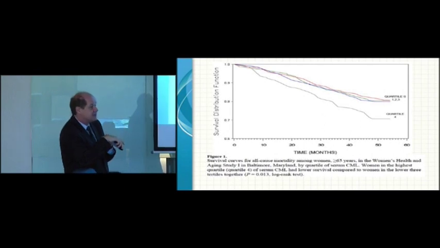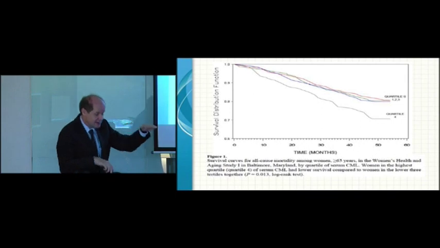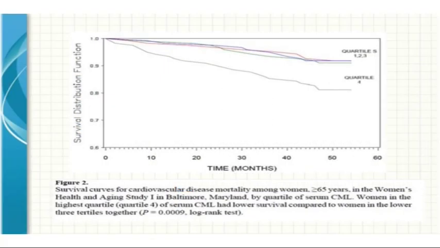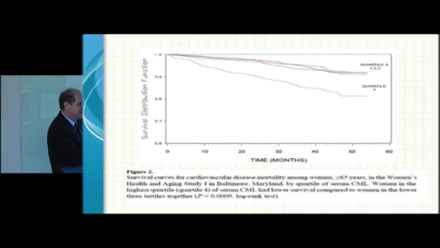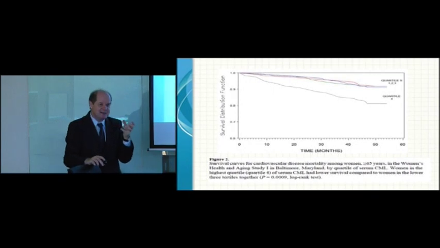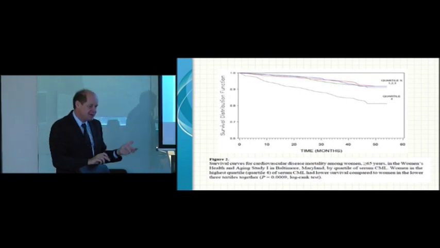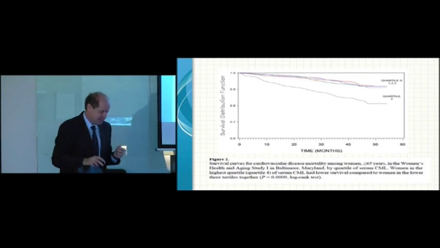They die within 5 years if they have a certain threshold of CMLs in the blood. If you look for the survival of cardiovascular disease mortality in the same cohort of women, it had been even more significant that these women with high CML levels had a significant lower life expectancy and more cardiovascular disease mortality. So I think this very convincingly demonstrates the impact of nutrition, the consequences of inflammation, and for disease development and mortality.